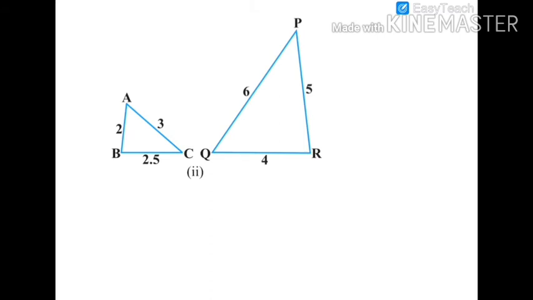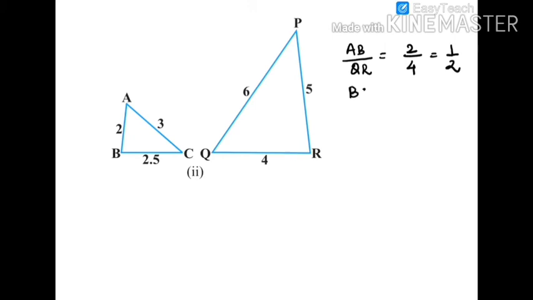Second pair of triangles. We are given all three sides of these two triangles. So let's find the ratio of the corresponding sides. AB upon QR is equal to 2 on 4, which is 1 by 2.